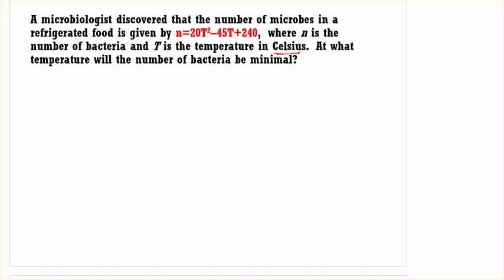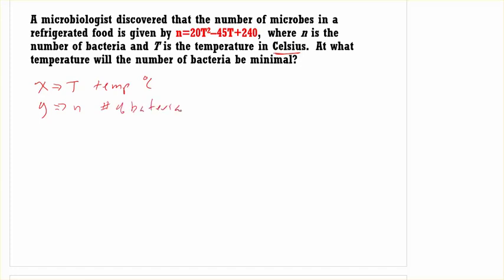So if we look at this problem, again, if we start with our x and our y, the t squared corresponds to the x, so we'll write down temperature, and if you want, degrees Celsius, and the y corresponds to the number of bacteria.